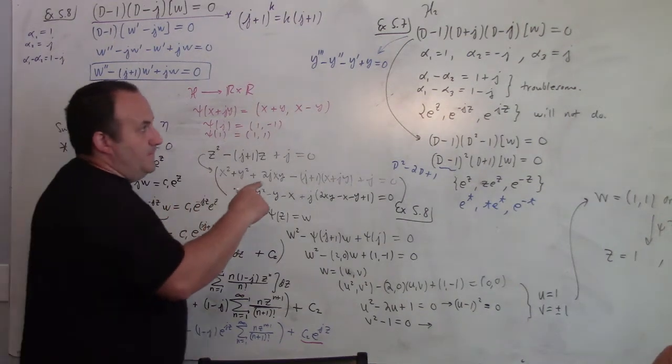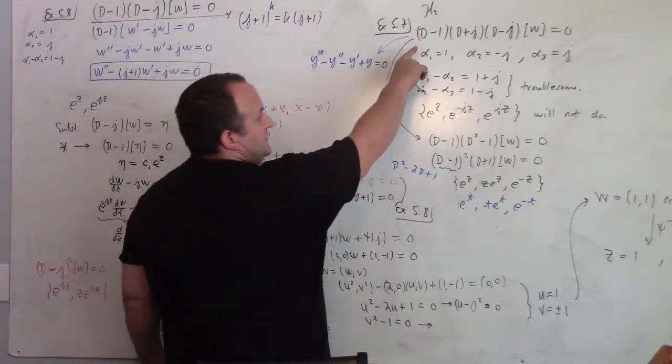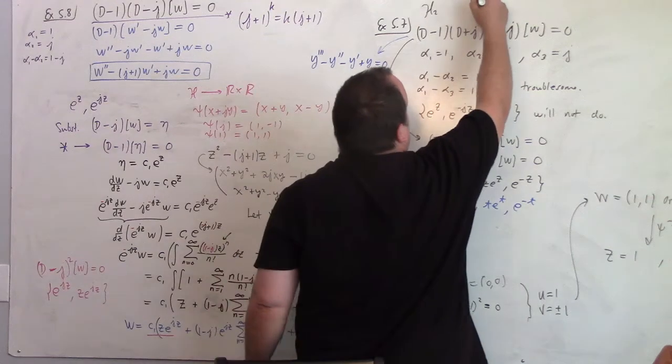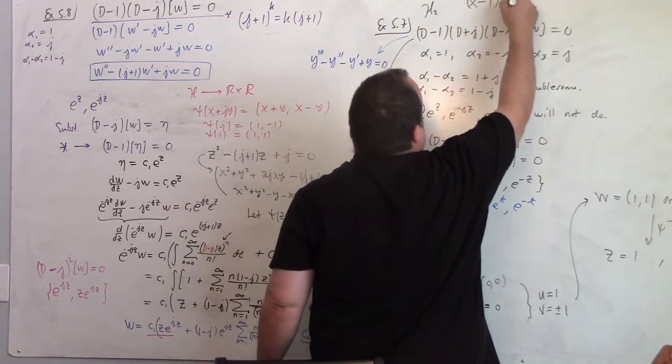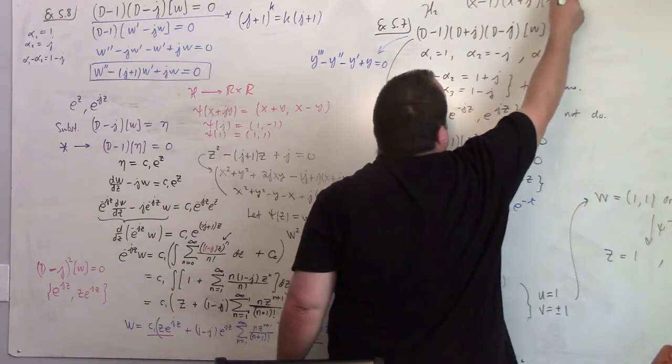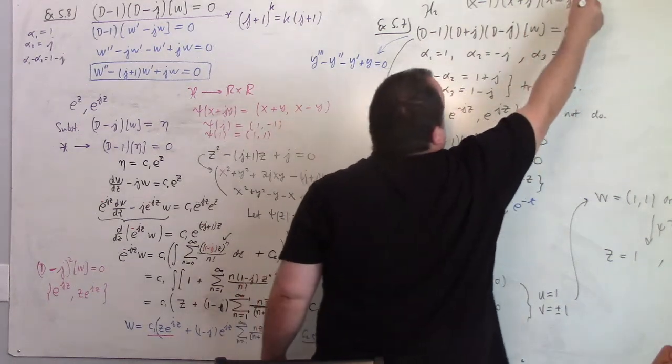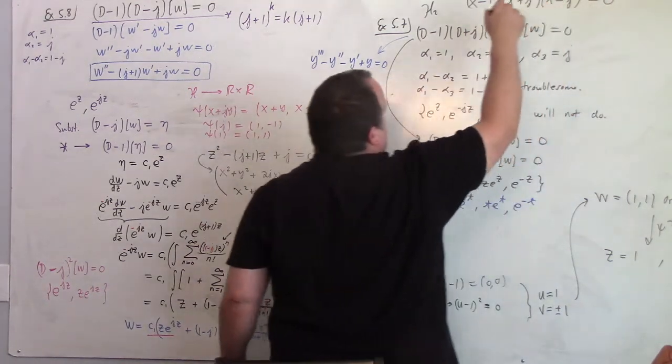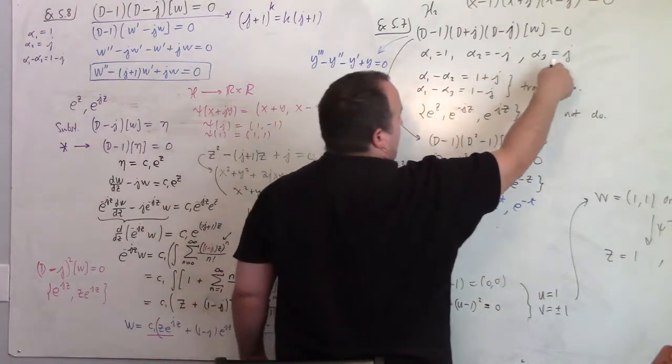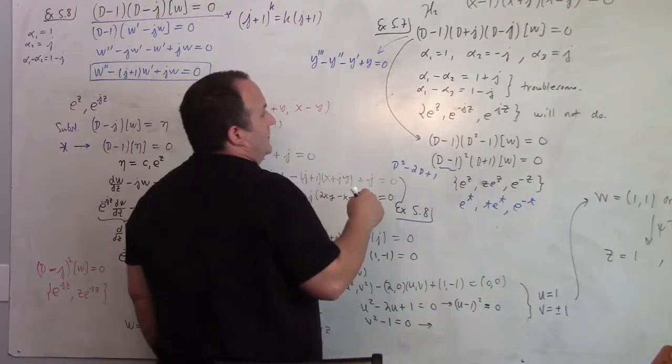This one over here, if I looked at the equation x minus 1, x plus j, x minus j equal to 0, yes, that has solutions 1, minus j, and j, right?